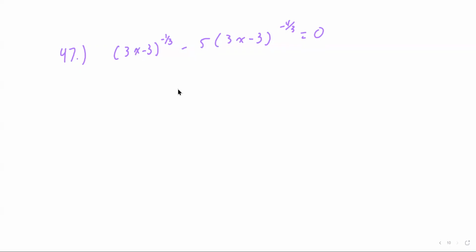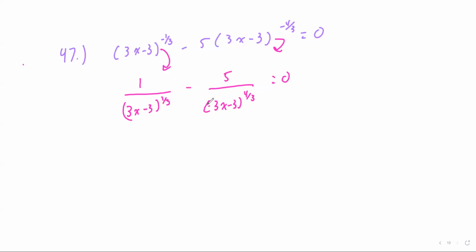What if I took this and multiplied by 4? Okay, so here's my thought process here. A negative exponent means we need to bring it to the bottom. So this is technically 1 over 3x minus 3 raised to the positive 1/3 minus 5 over 3x minus 3 raised to the 4/3 equals 0.